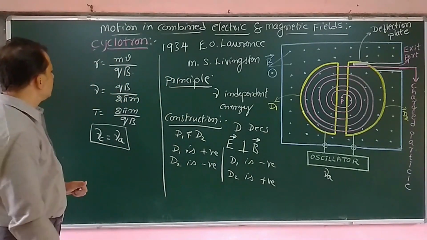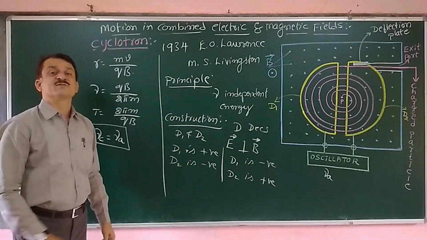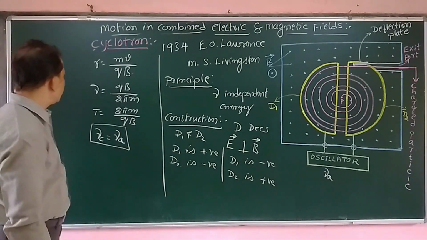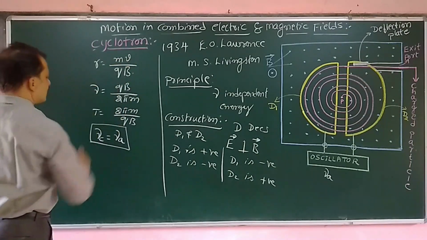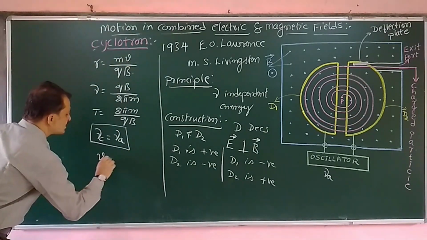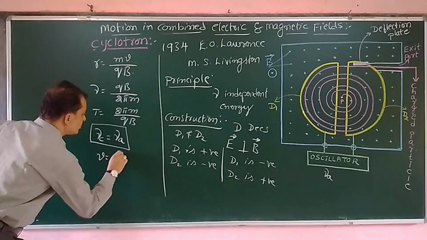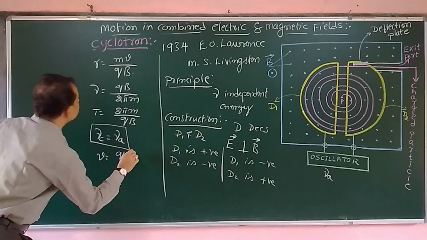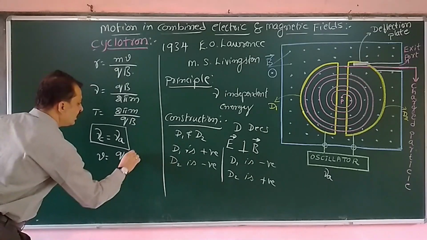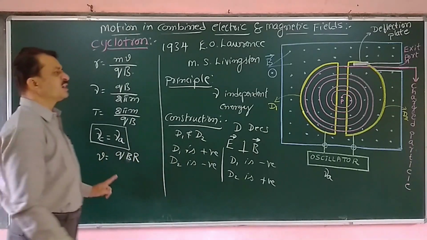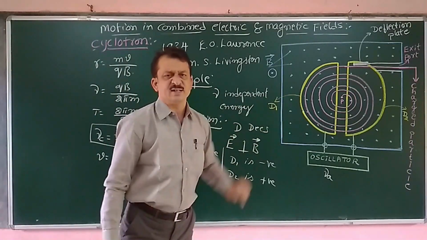Now, based on this, we can find the expression for energy. Let us see what expression we get for energy. From this relation, what is the velocity? Velocity is given by qBR divided by m. Here small r was used, but now we take capital R, where R is the radius of the D's.